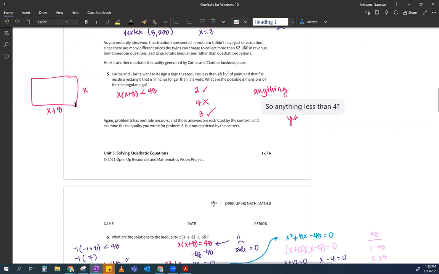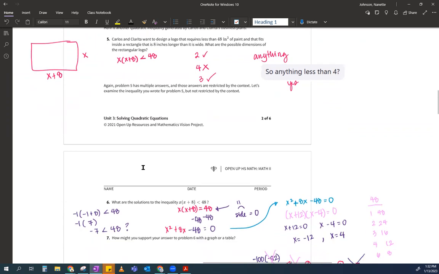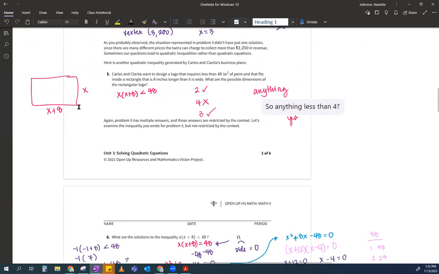So say for example, can I put -1 as the width of this rectangle? Yeah, you cannot. You can't use -1 as a length of a rectangle.